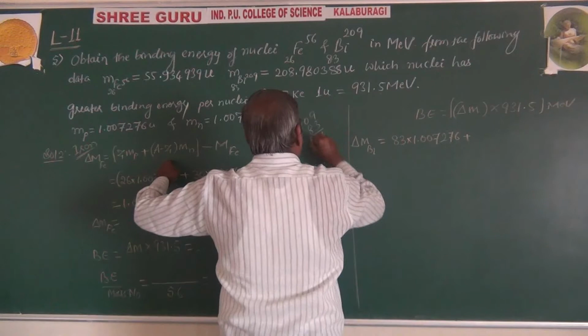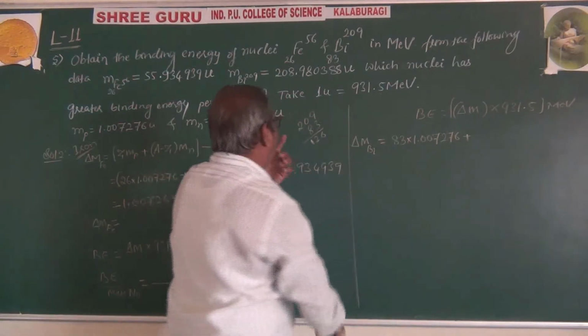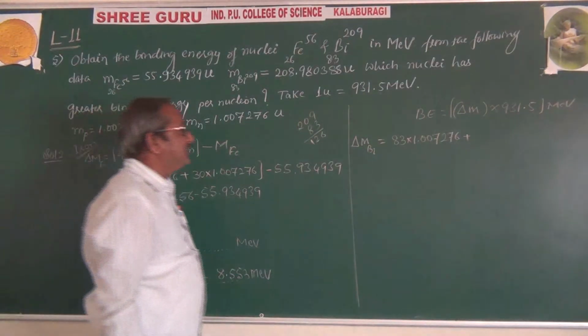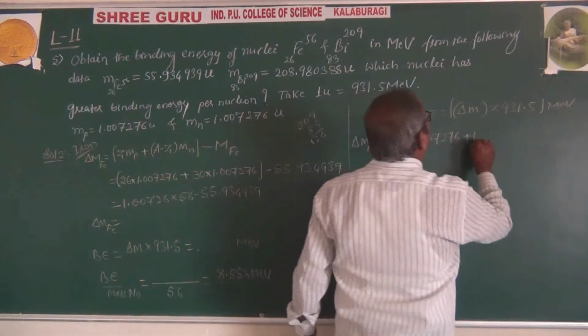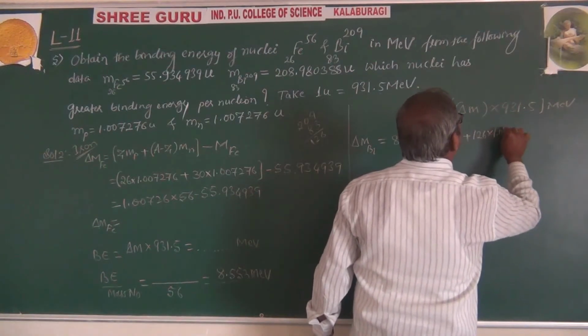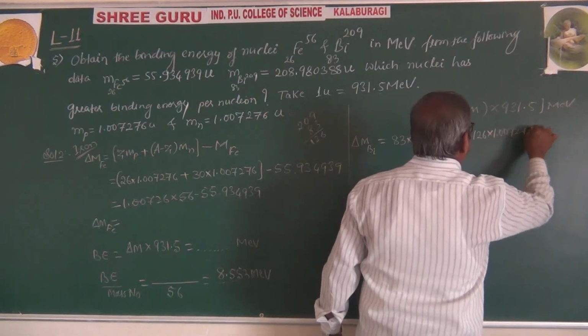which I think is 126. Is it right? 126 into 1.007276.